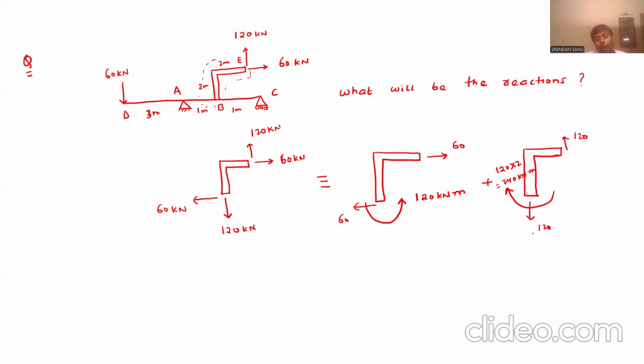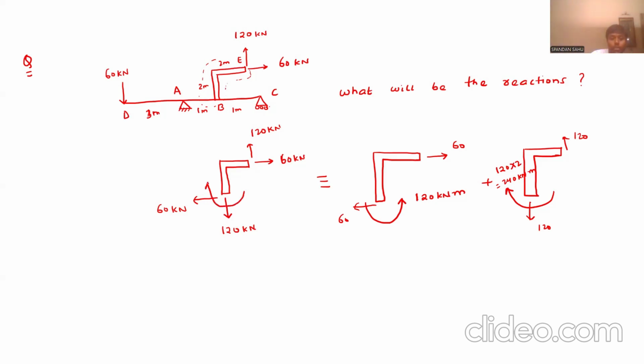So overall, what is the moment you are getting? It is 240 kilonewton meter and 120 kilonewton meter respectively in anti-clockwise and clockwise direction. So if you superimpose, what moment are you going to get at joint B? It will be 120 minus 240, so minus 120 kilonewton meter in anti-clockwise direction, or 120 kilonewton meter in clockwise direction.